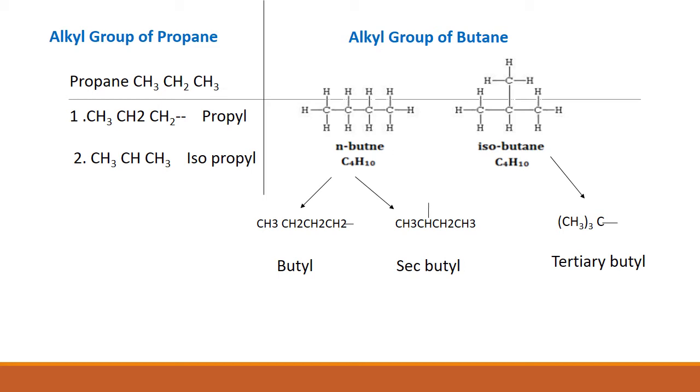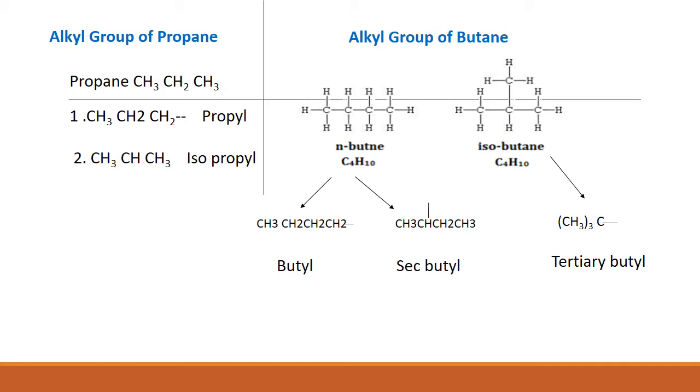Number 1, H from the terminal carbon is removed, and second, the hydrogen is removed from the 2nd or 3rd carbon. So CH3CHCH2CH3 is known as secondary butyl, because CH2, CH2 are secondary carbons.